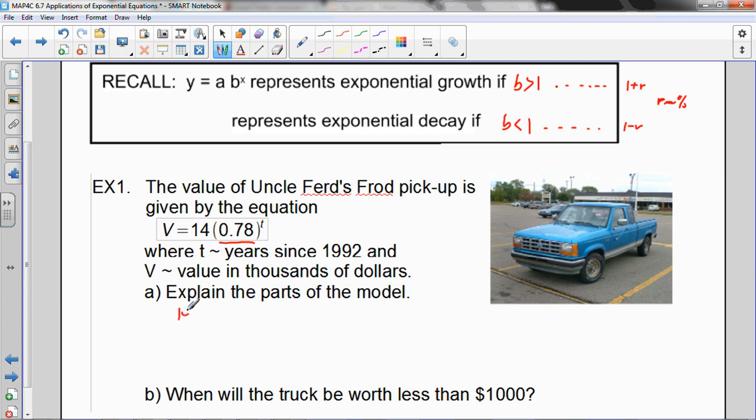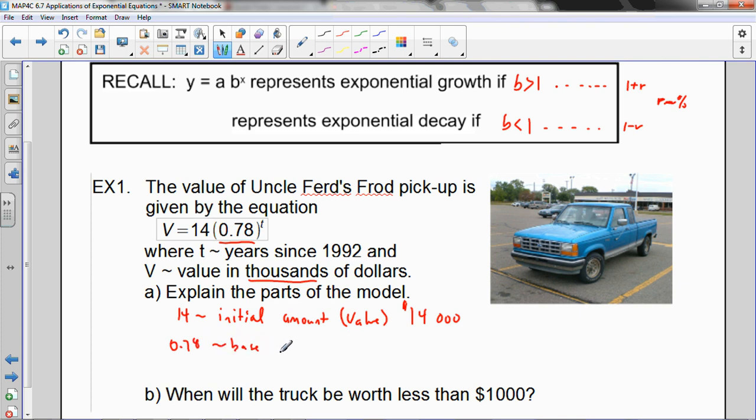So 14, remember that A value, that's the initial amount, right? The initial amount, and in this case, the initial value was 14. Well, not 14, 14,000 bucks. So Uncle Ferd paid 14,000 bucks for that beaut in 1992. The 0.78, that's the base, right?